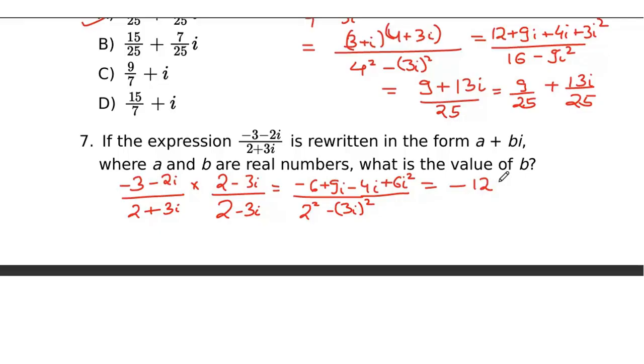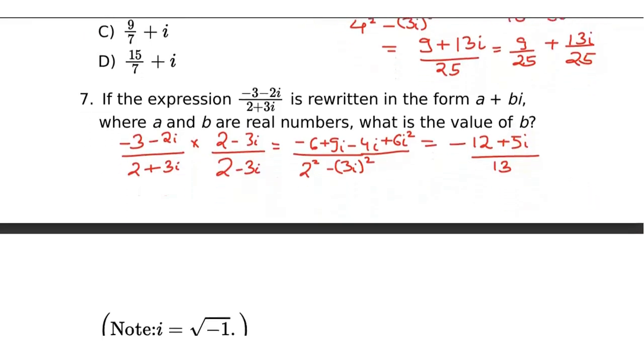And then we have 9 minus 4, that is 5i. Upon 2 square 4 plus, here we'll make it plus because it's coming as 9i square. So that would be positive 9. So 4 plus 9, that is 13. So we'll get minus 12 upon 13 plus 5i upon 13.